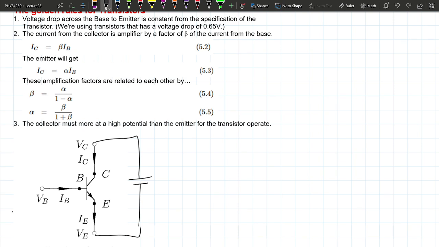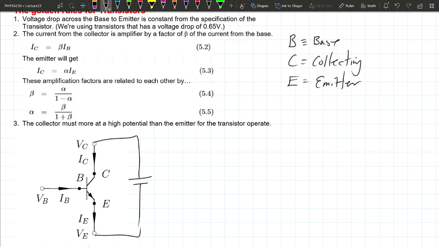C stands for collector, B stands for base. The collector is where you're collecting the charges. And E stands for emitter. That's where the charges come out and are emitted. Hopefully those words make sense.